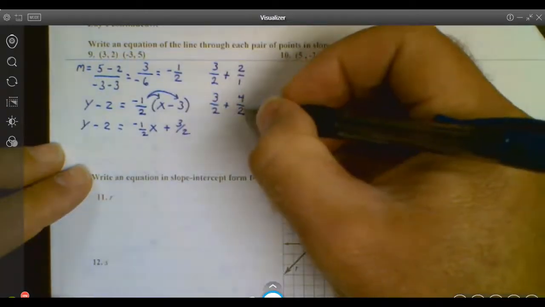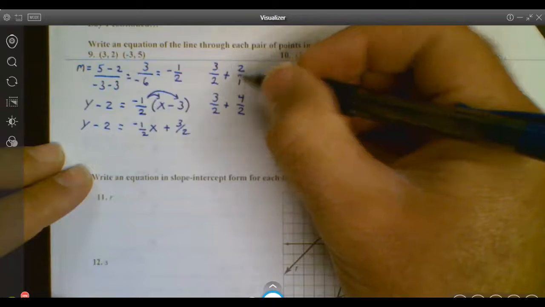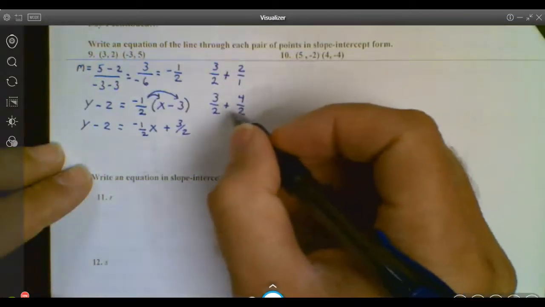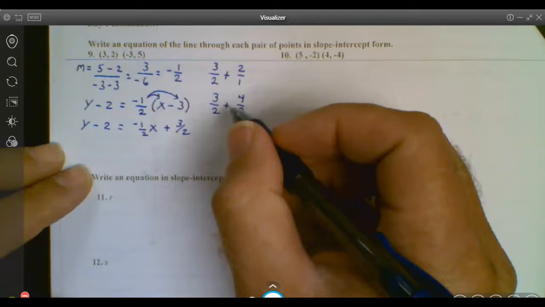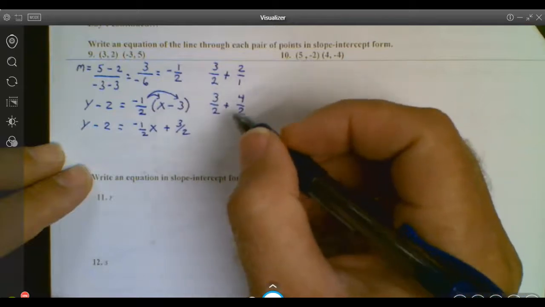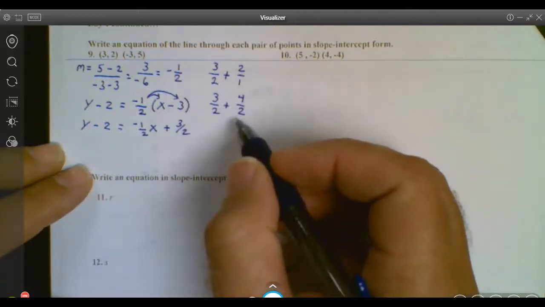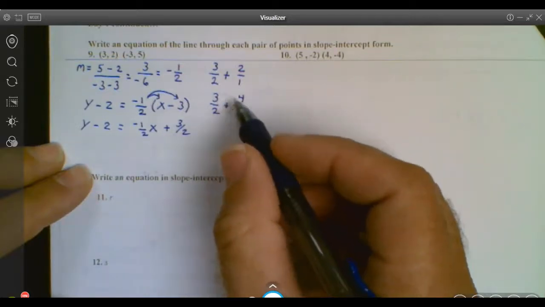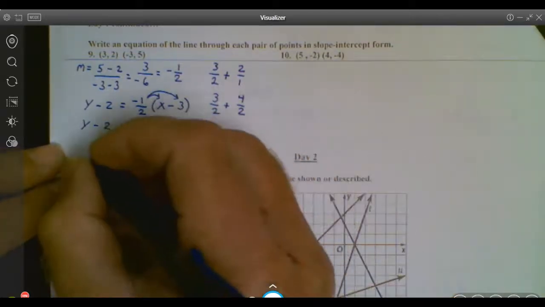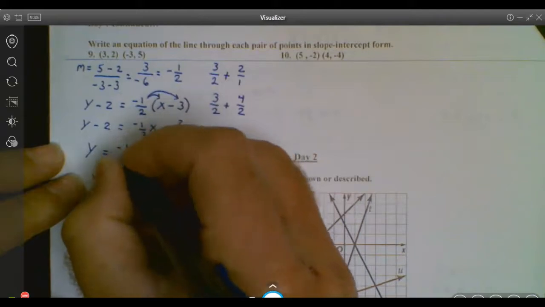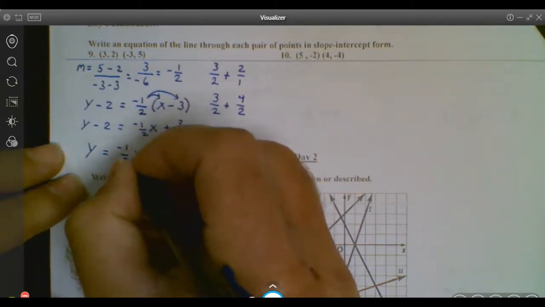Because isn't 4 over 2 the same as 2 over 1? But now I wrote it in such a way that they have common denominators. And all this is old pre-algebra stuff, so I'm sure you guys will remember how to do this after you've practiced it a little bit. Add those together, and I would get 7 over 2. So after adding 2 to both sides, here's what we got.